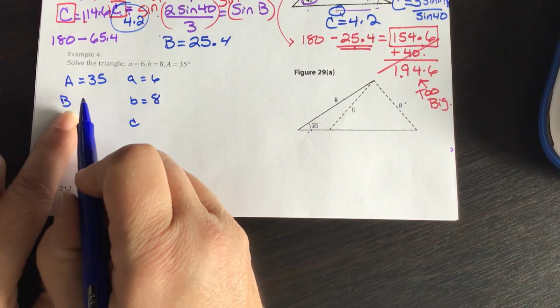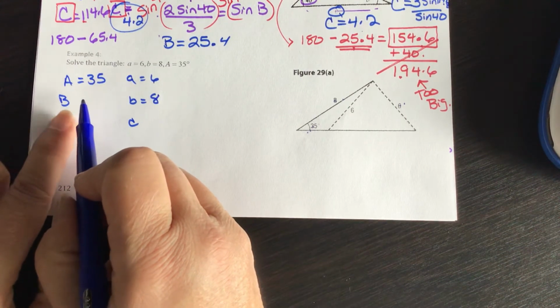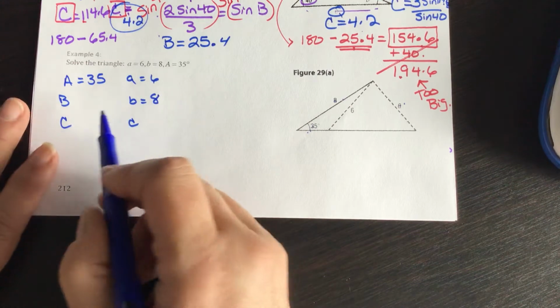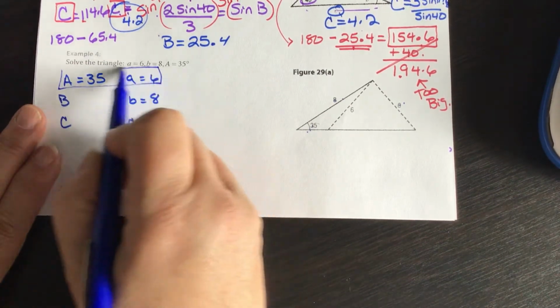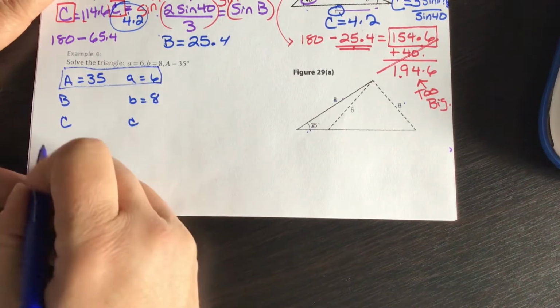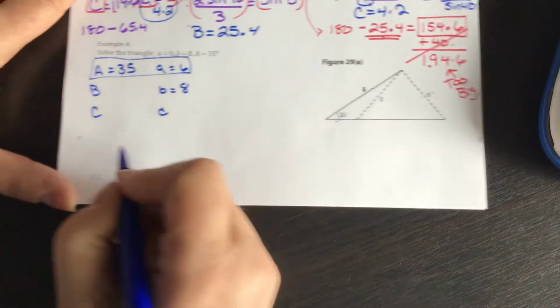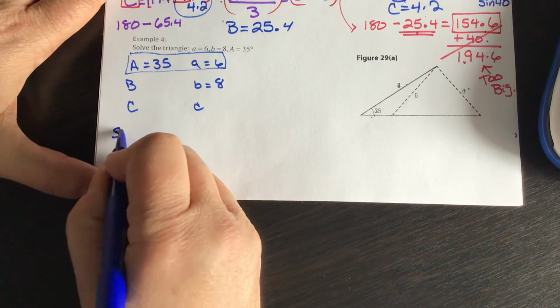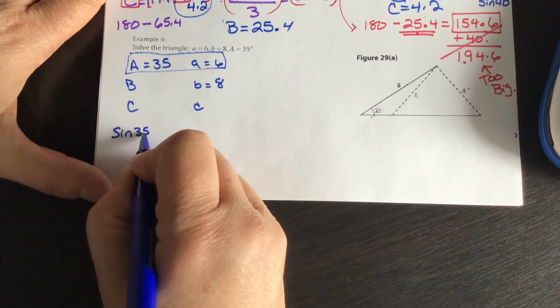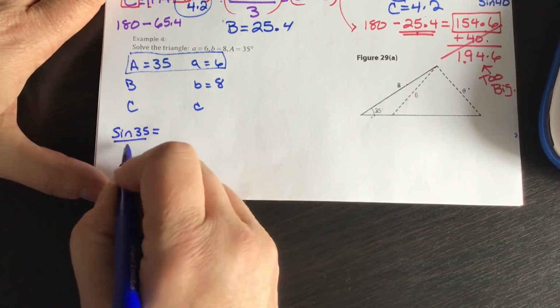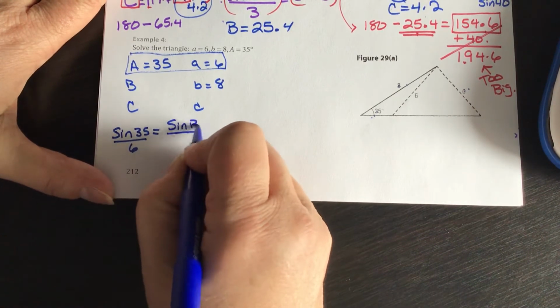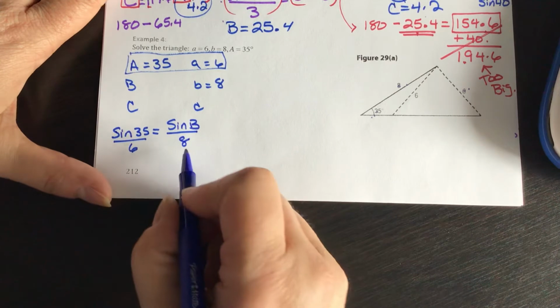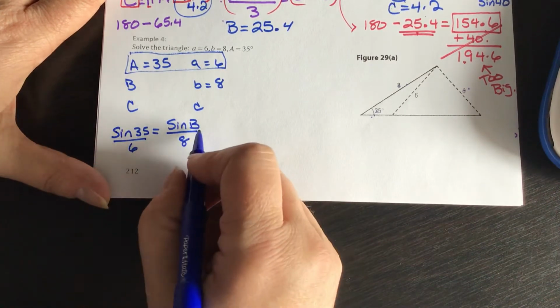So I need to find the measure of angle B. To do that, I'm going to use my A's as one ratio. So I'm going to do sine 35 over 6 equals sine B over 8. And I'm going to solve for B.